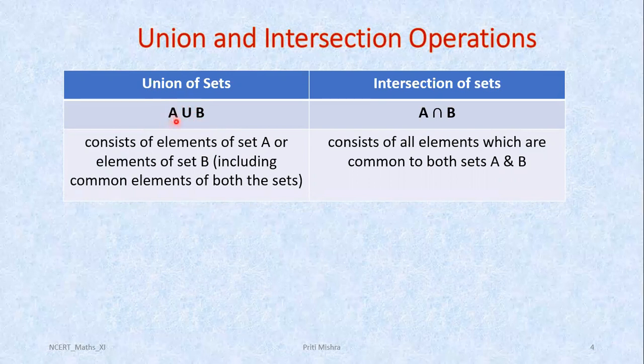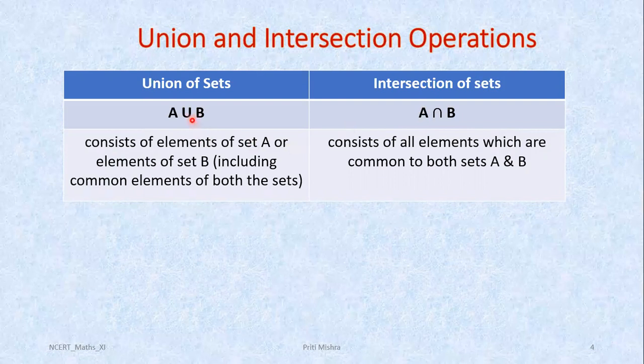This is written here A union B, which is saying we have performed the union operation with A and B. And here you can see intersection of sets we represent just like this, means the symbol which we are using for the union, we have to write it in the reverse direction. That will give you intersection of two sets A and B, right?